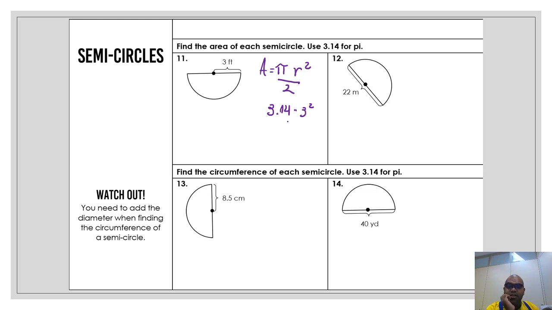Yes, dividing by 2. Dividing by 2, guys. Why? Because it's not a full circle, it's a half. Divided by 2, it is 14.13. Oh, nice. The area for the semicircle is 14.13. What unit, mister? Feet square. This is an area.